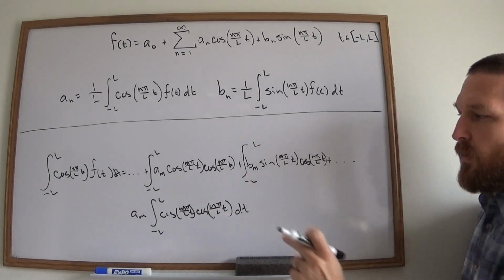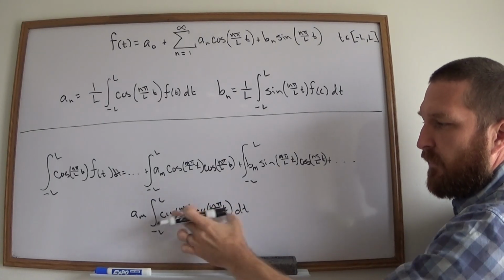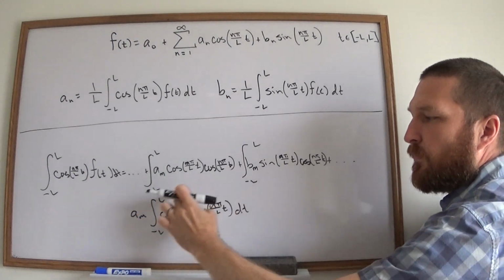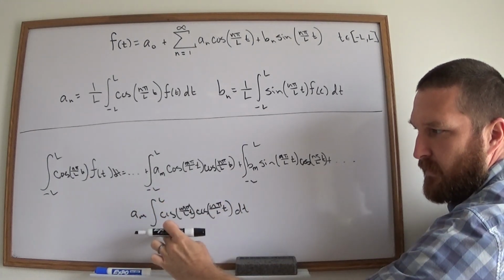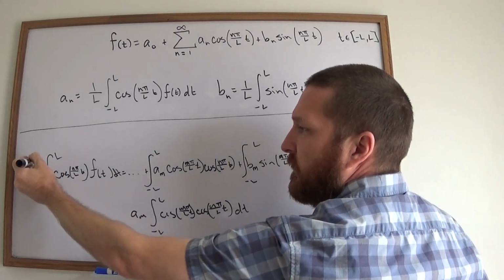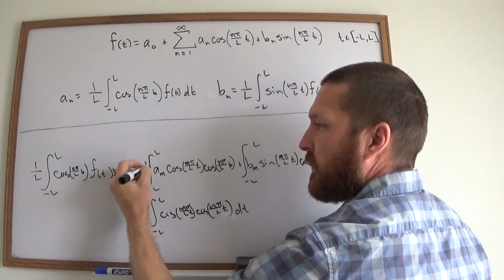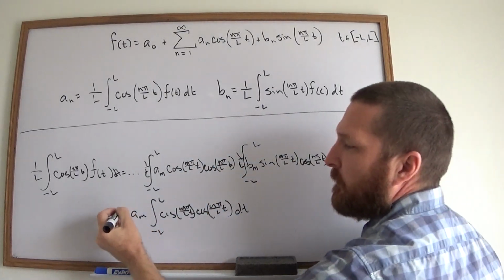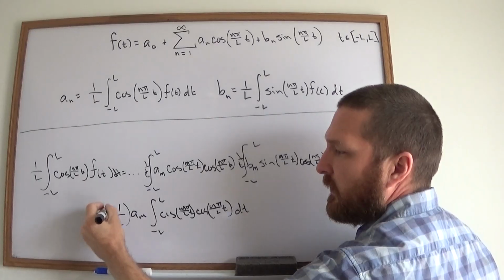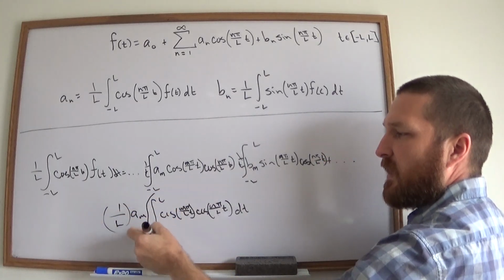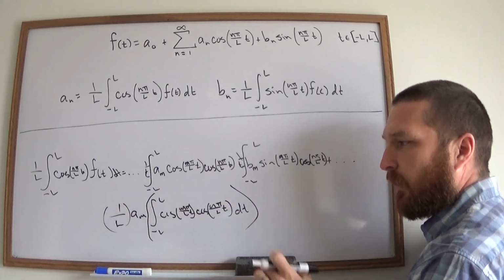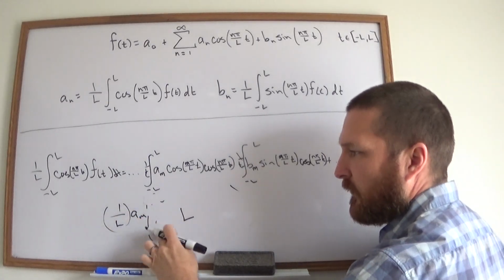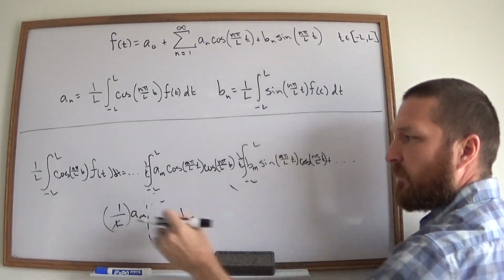If n and m are the same, then this integral comes out to be L. Then the 1 over L we multiply by kills that, and you're left with the a_m.